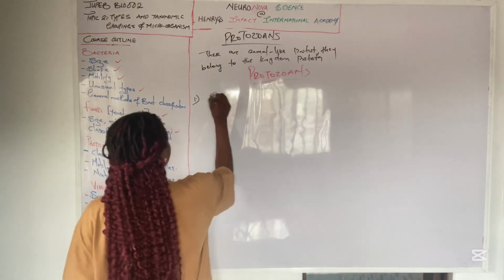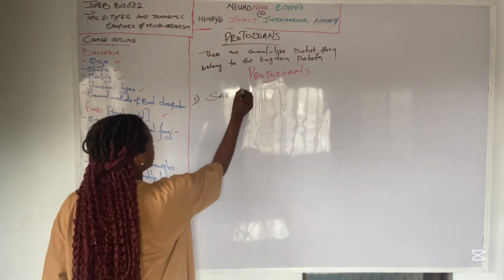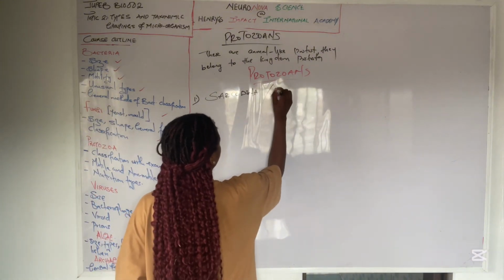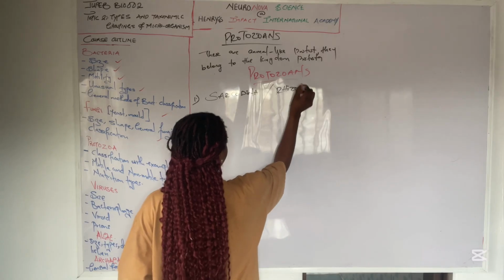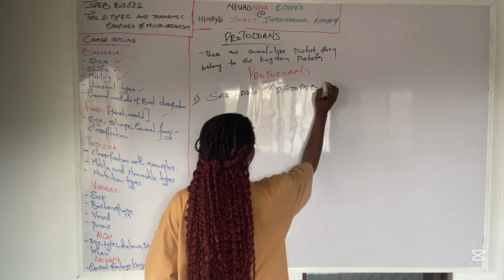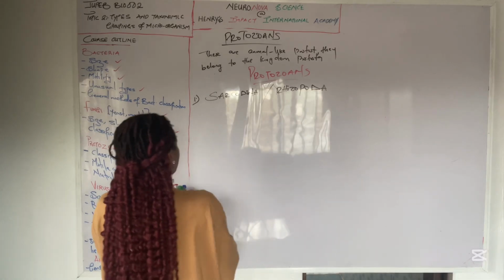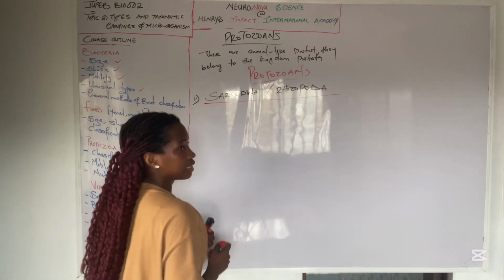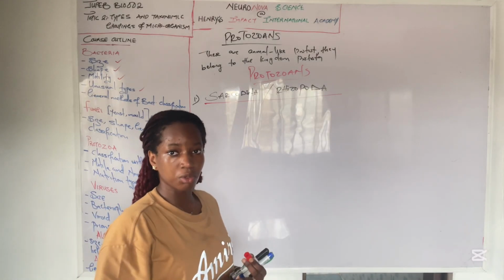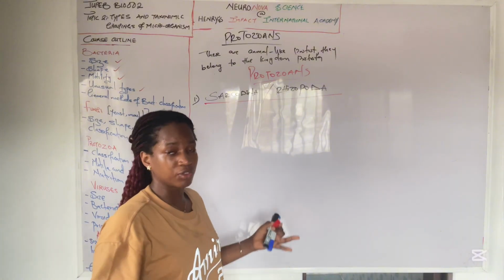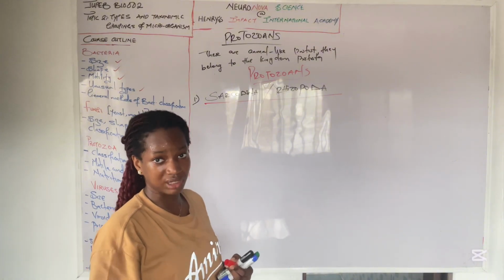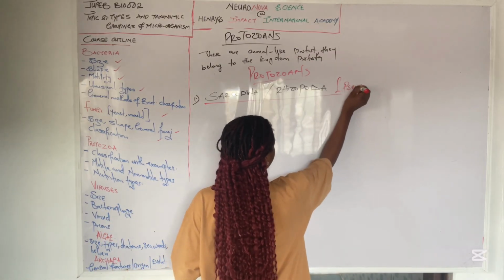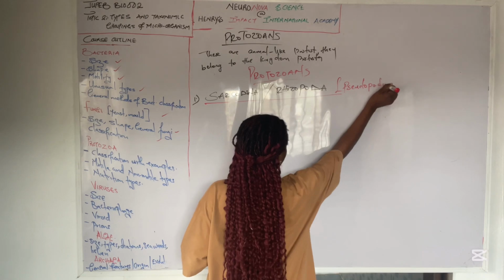Now the Sarcodina. If you don't see them called Sarcodina, you can see them referred to as Rhizopoda. These are the ones that move with the aid of pseudopodia. Pseudo means false, podia means feet. So if you join it together, they move with the aid of false feet.